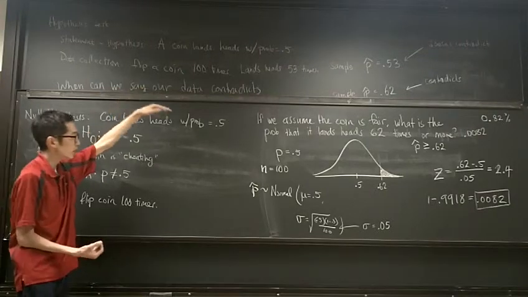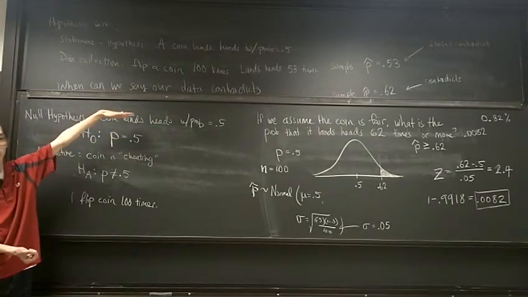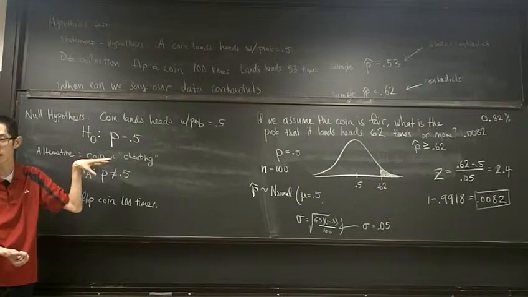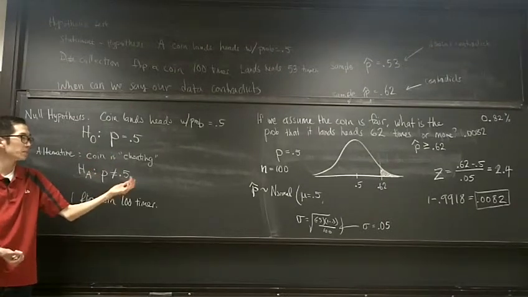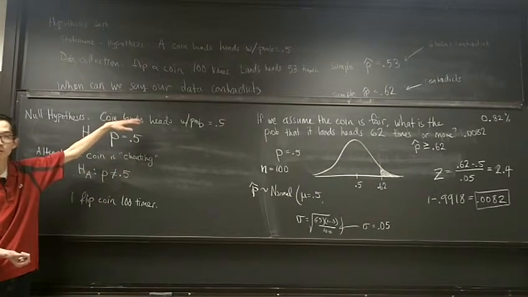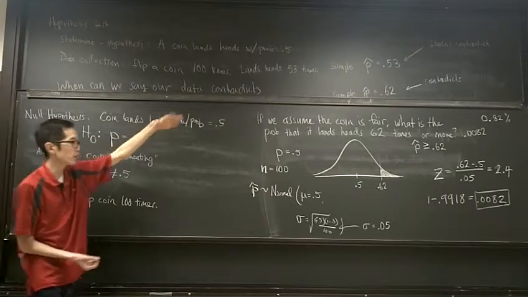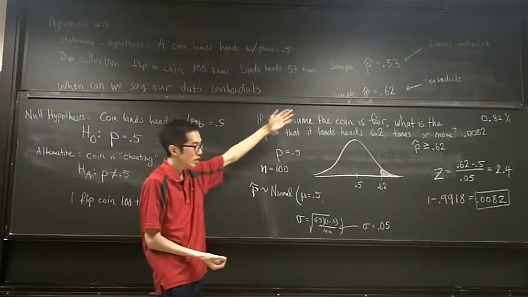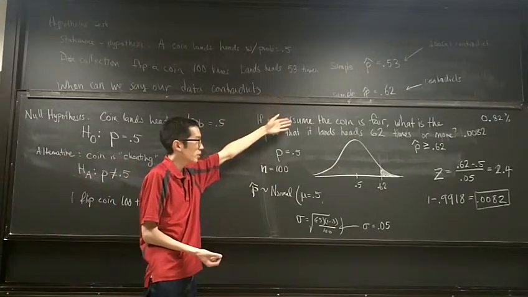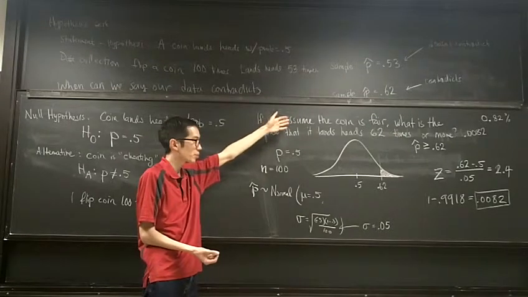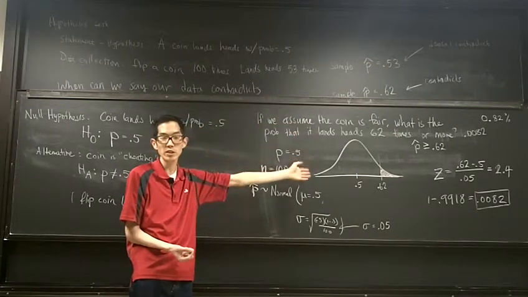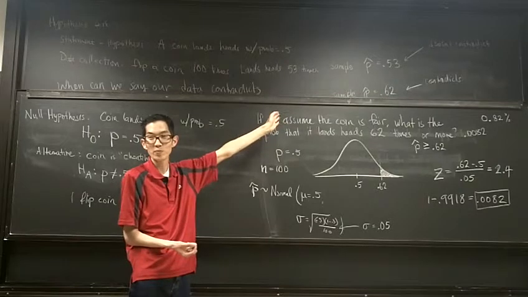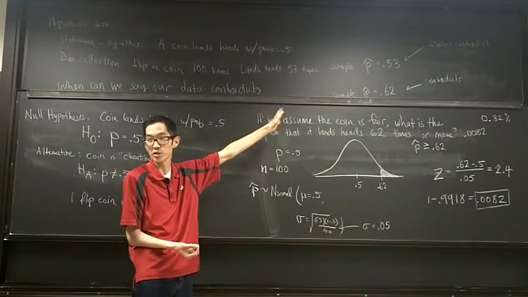We create a hypothesis, then we gather data, and then we ask, does our data contradict this hypothesis? The way we do it is we test the probability of observing our data if we assumed that the hypothesis was actually true.